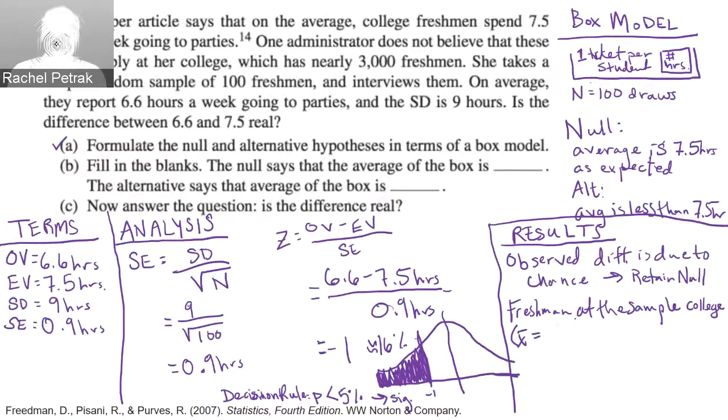Their mean. Freshmen at the Sample College, mean equals, well, we could wait to put the mean in there. We're jumping the gun a little here. So we want to say the freshmen at the Sample College reported partying for a similar number of hours. So they didn't have the partying.